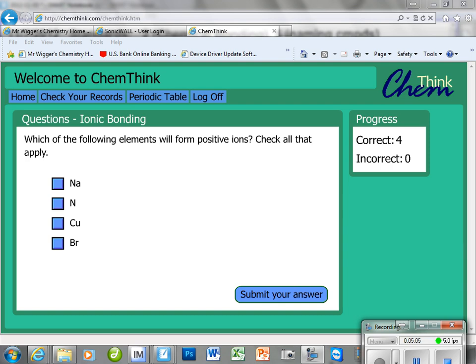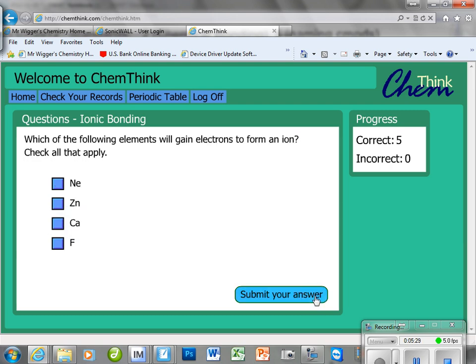Look at the bromide at the bottom, or the bromine. Bromine will not form a positive ion. We're asking about positive ions. Now metals will form positive ions, so sodium is definitely a positive ion, and that's because he's a metal, and copper is a metal, and he'll also form a positive ion. And that's how we get through that guy.